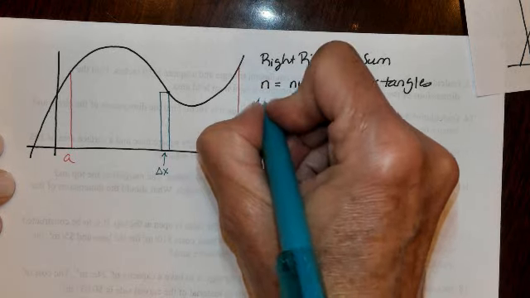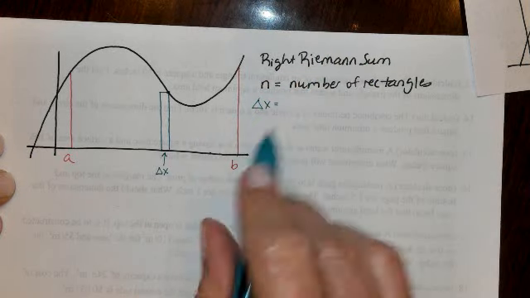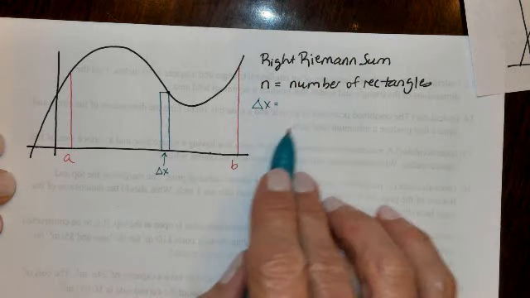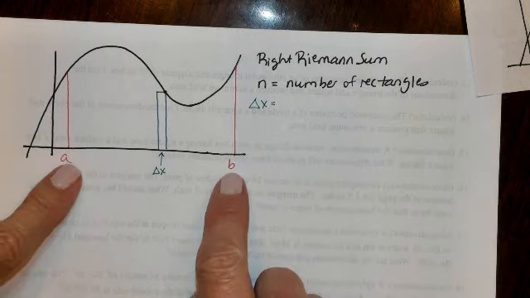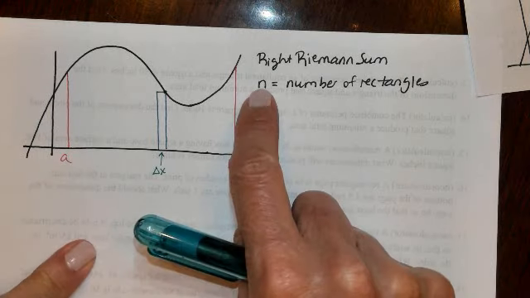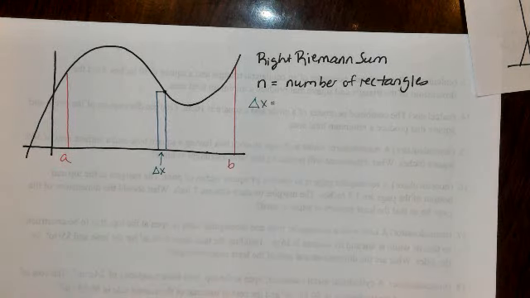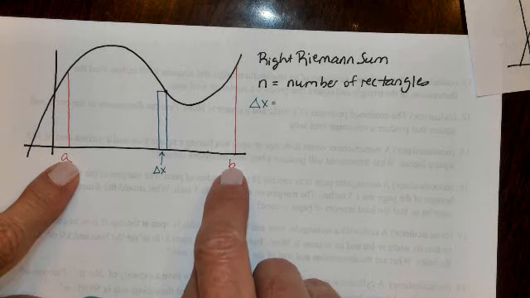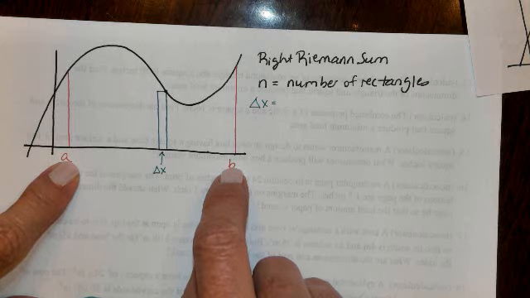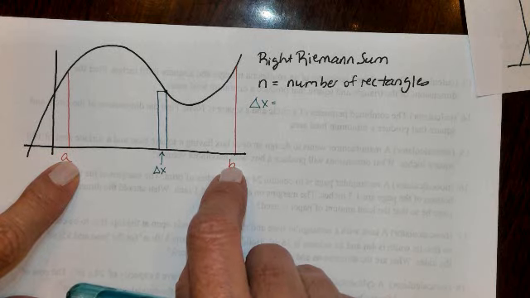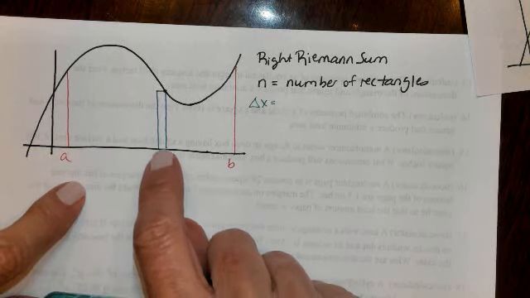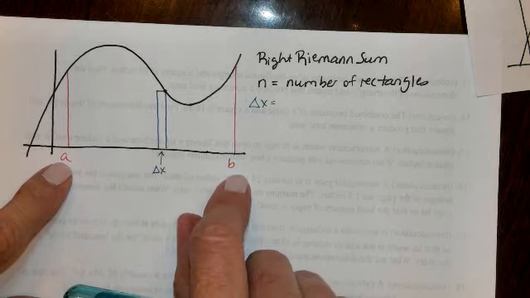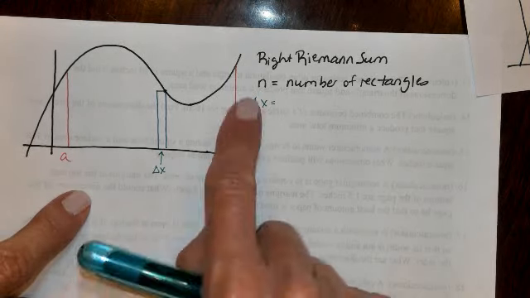So I want to write an expression for delta x involving a and b and n. What would the expression for delta x be? Well, the distance is b minus a, and since there are n rectangles, each delta x will be b minus a divided by n.